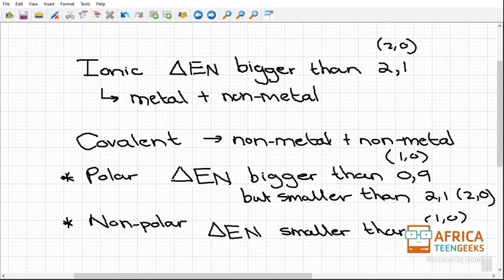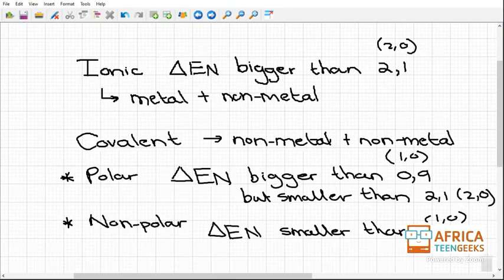So any chemical bond that is formed between 2 or more elements is referred to as a compound. It's compounded. And molecule, the word molecule, is specifically reserved for covalent compounds.